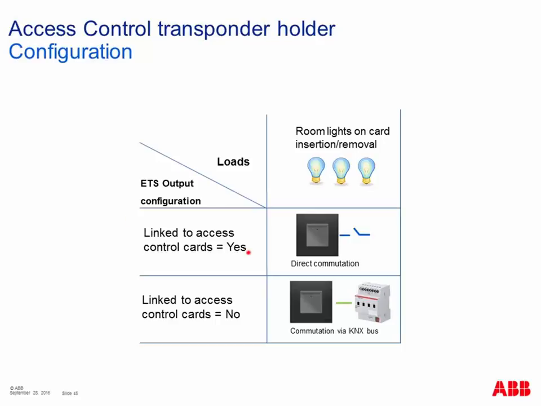The other configuration is linked to access control. This means that when you insert or remove a card, the output is controlled directly, since the device recognizes that a valid card has been inserted or removed.